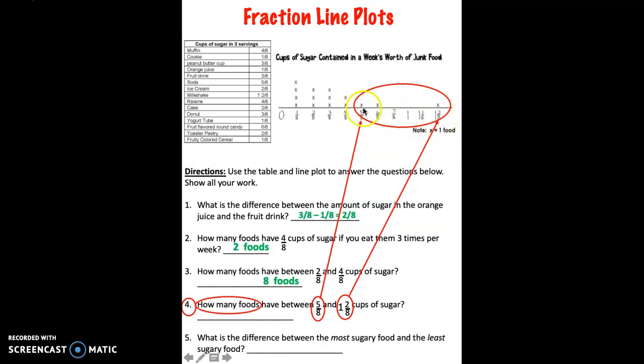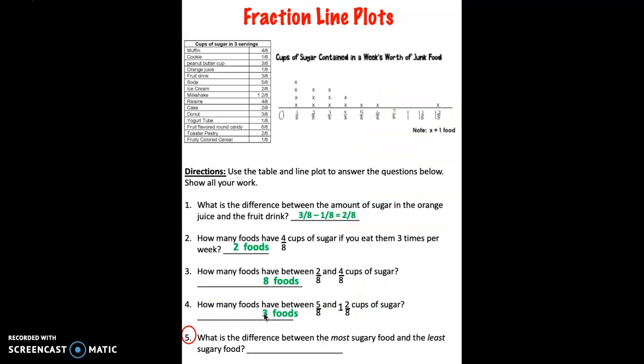I'm going to count the X's because the X's, remember, represent the food. So let's count. 1, 2, 3. There are 3 X's, which means there are 3 foods between 5/8 and 1 and 2/8.